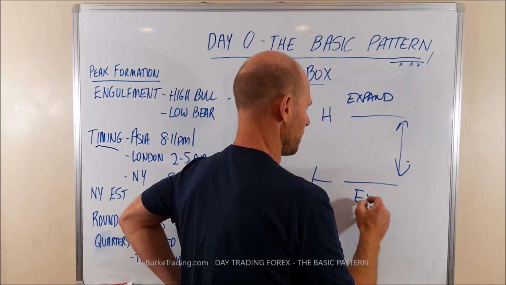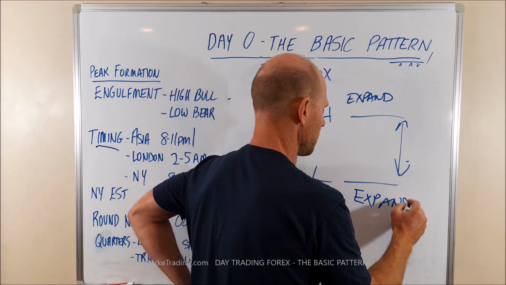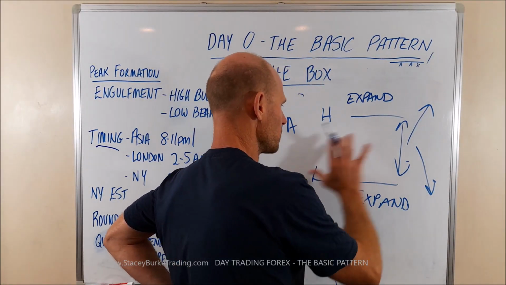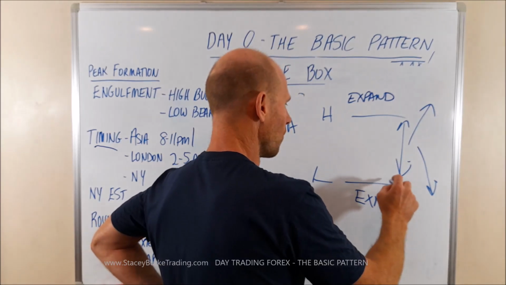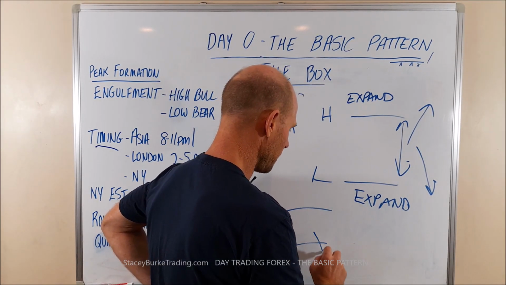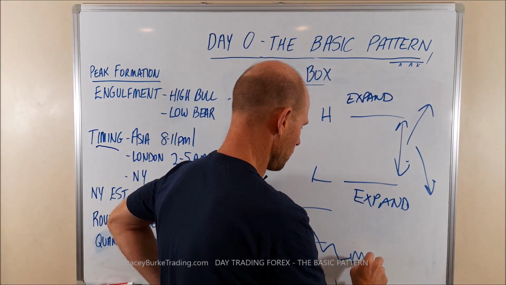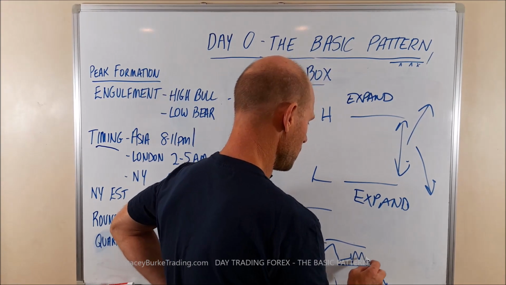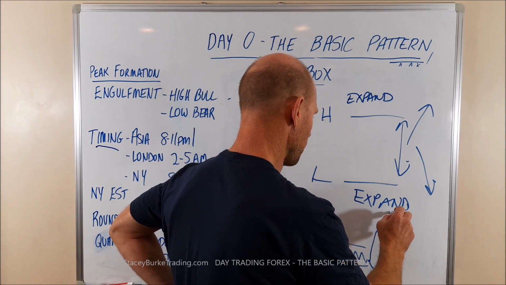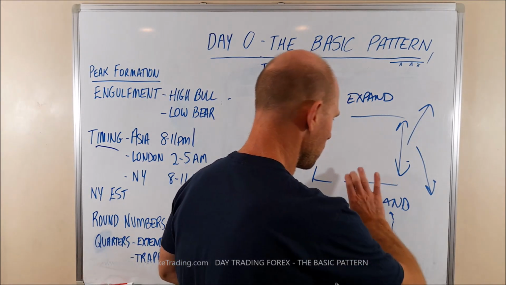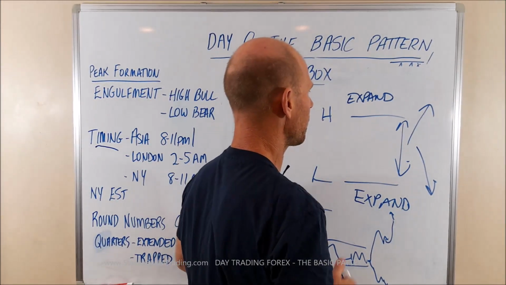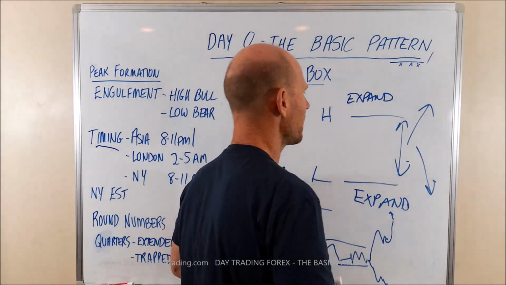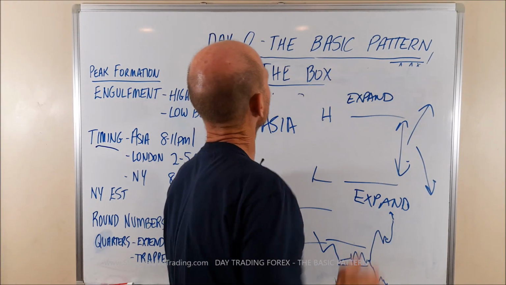We can expand on both sides, and the market will then either trend in one of those directions or stay consolidated or work one side. We can work one side and continue in the next session, or reverse inside and go back to the other side. We can expand on one side, reverse to the other. We can expand on both sides and come back inside and consolidate, but we're in a box, the basic pattern.